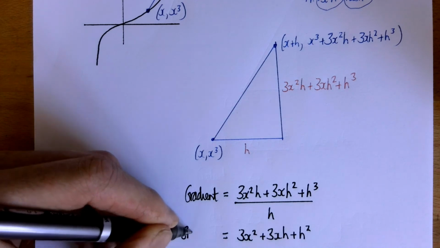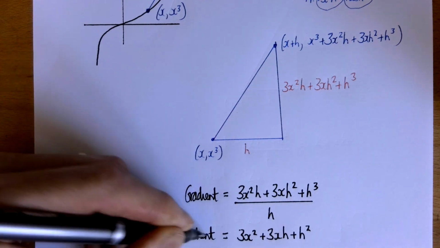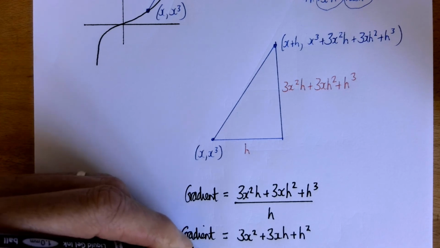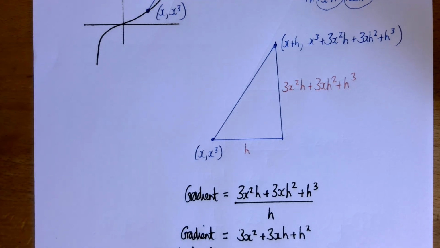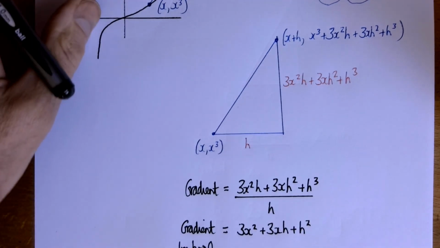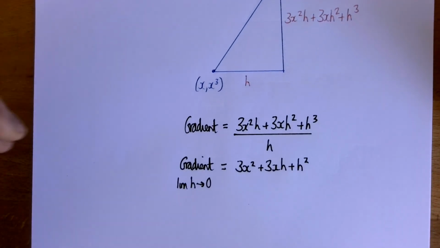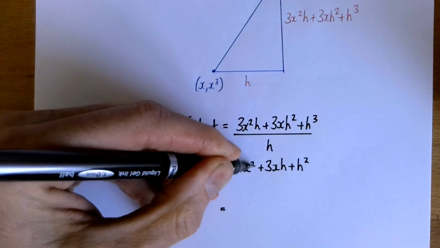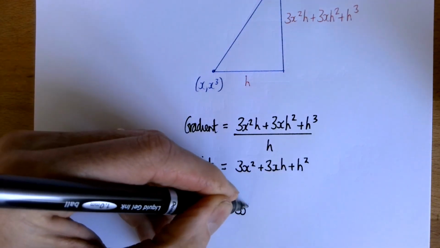So this is our formula for the gradient, and the next thing we ask is what happens as h becomes very, very small. And as h becomes very, very small, this term isn't going to be affected.